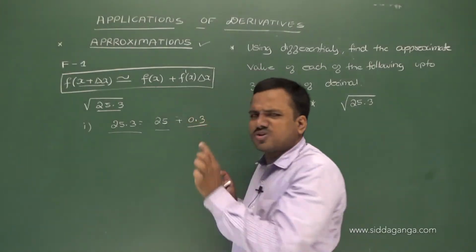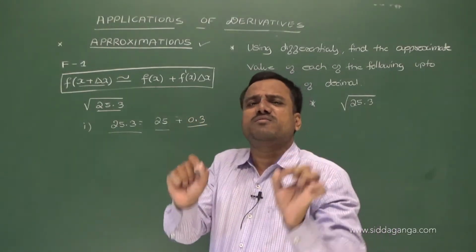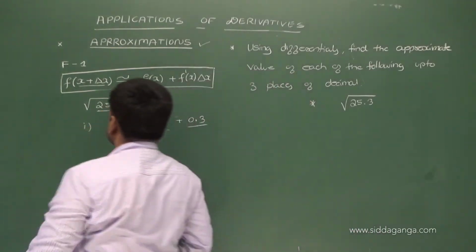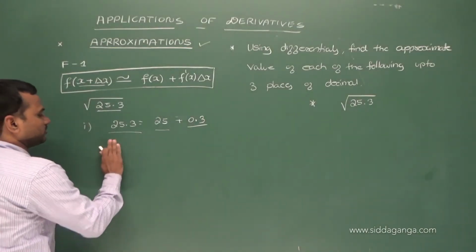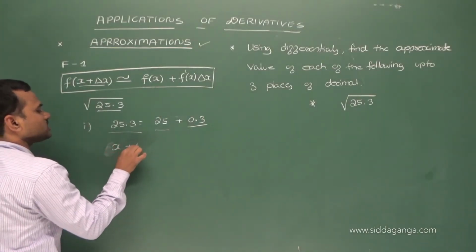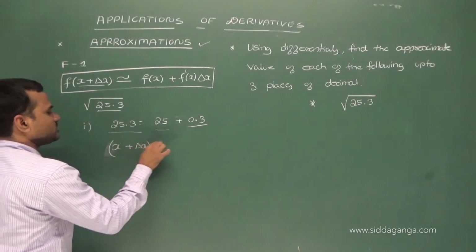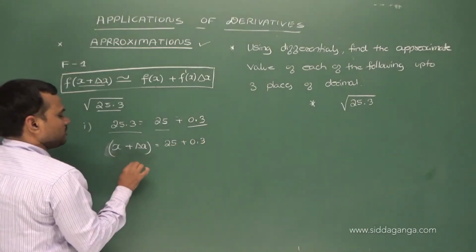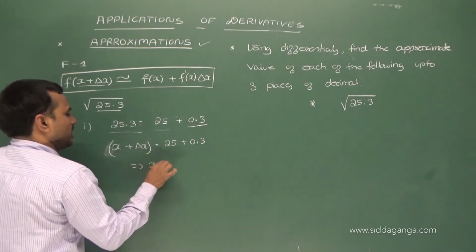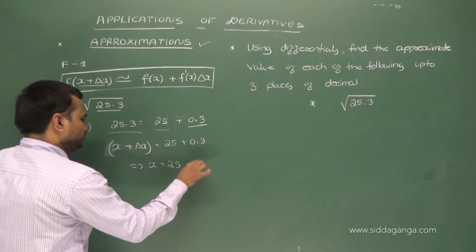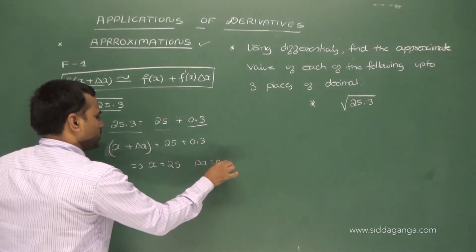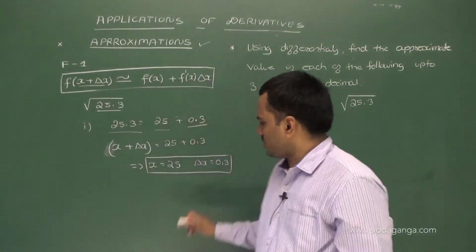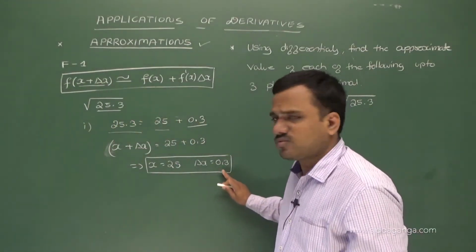Second term was negligibly very small. So f of x plus delta x is equal to what? 25 plus 0.3. That implies, comparing these two, x is equal to 25, delta x is equal to 0.3.